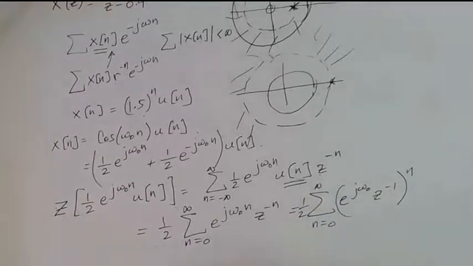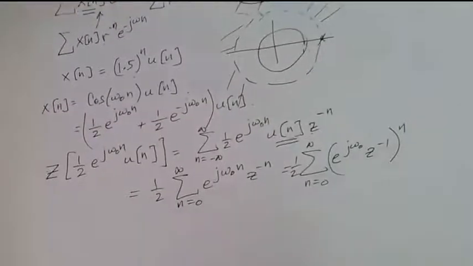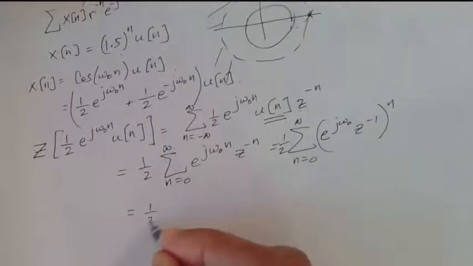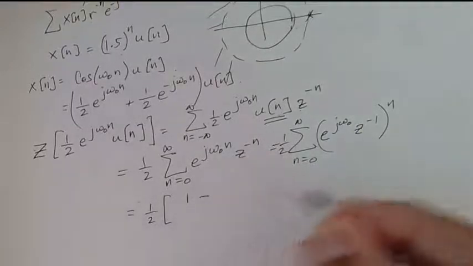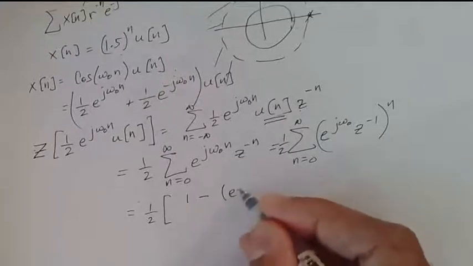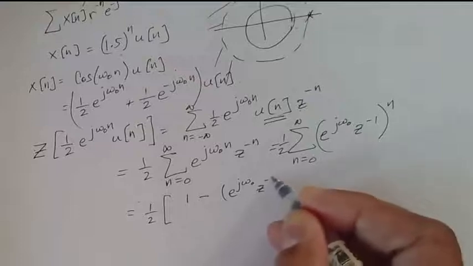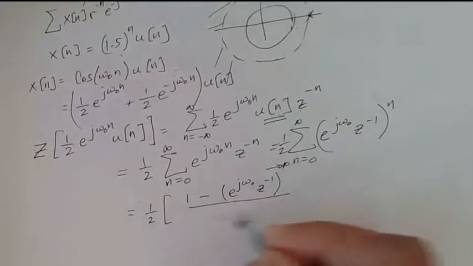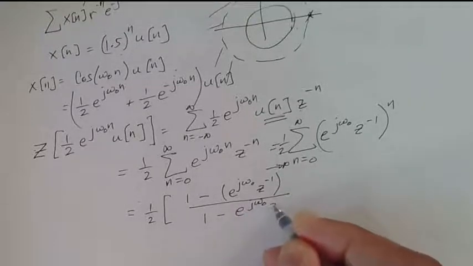So this will be 1/2, this quantity to the power 0, which is just going to be 1, minus this quantity e to the minus j omega naught z to the minus 1, and this will go to infinity, over 1 minus e to the j omega naught z to the minus 1.